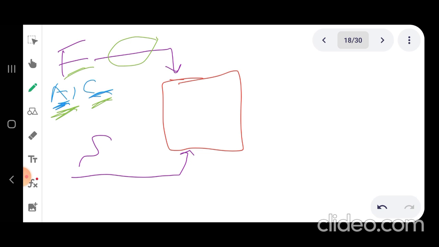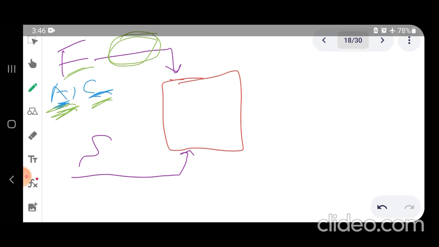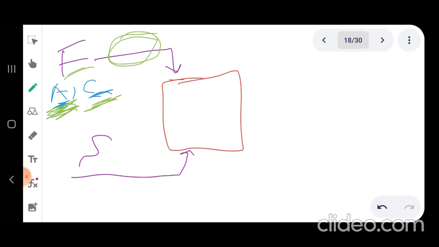A stream could contain more than one component. For example, this feed stream contains mainly A and C, solute and carrier.